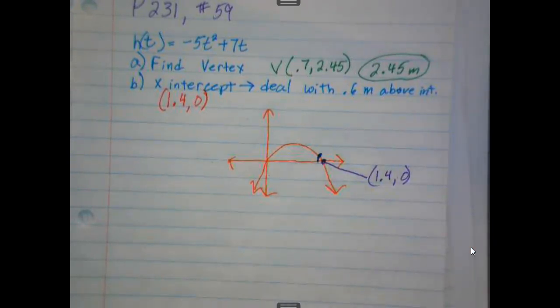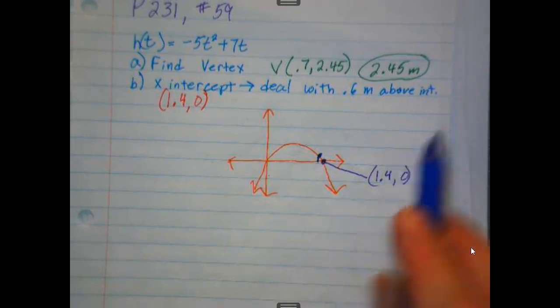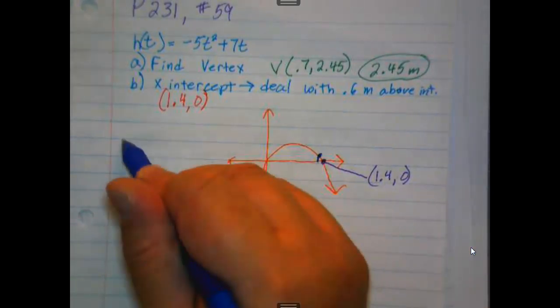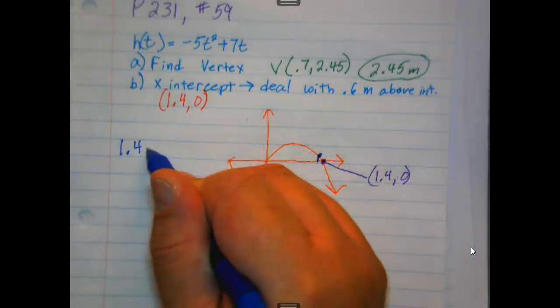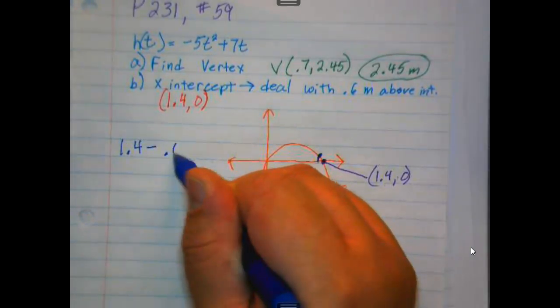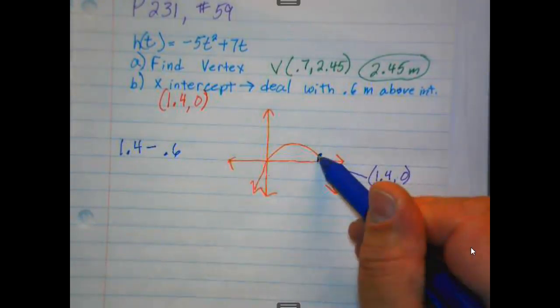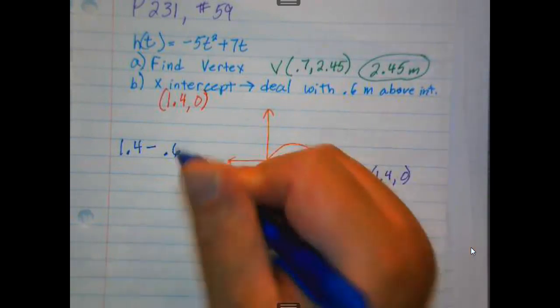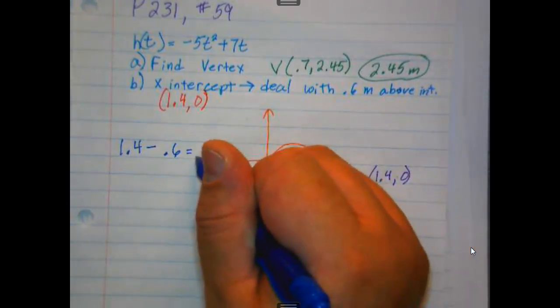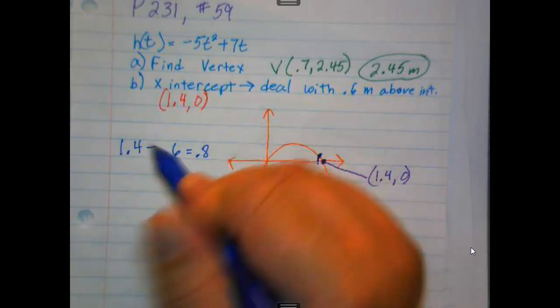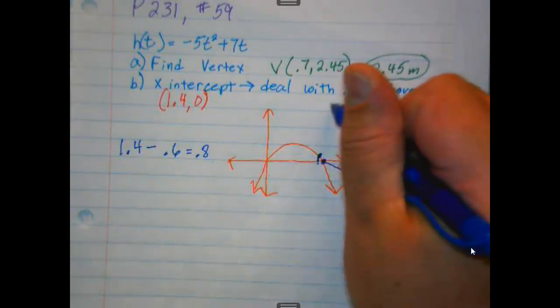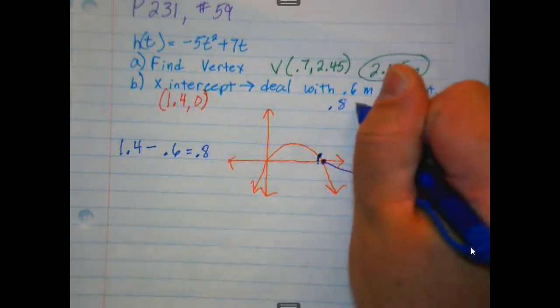It's getting smaller, isn't it? So I'm going to have to take my 1.4 and subtract 0.6, the height, to give me that smaller time, which equals 0.8 seconds. So for answer B, 0.8 seconds.